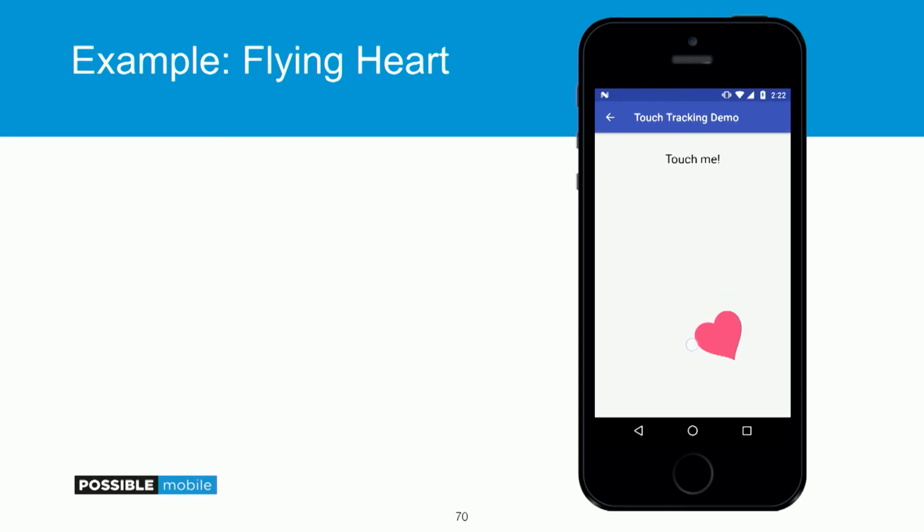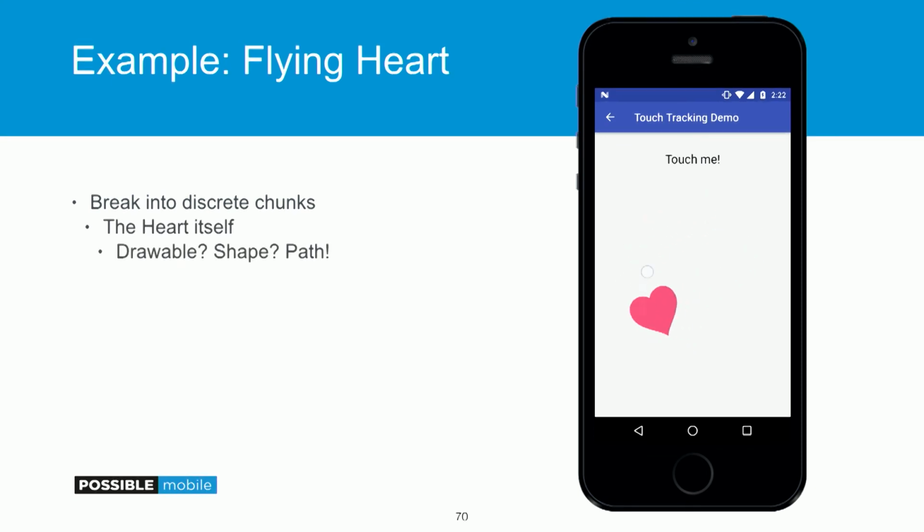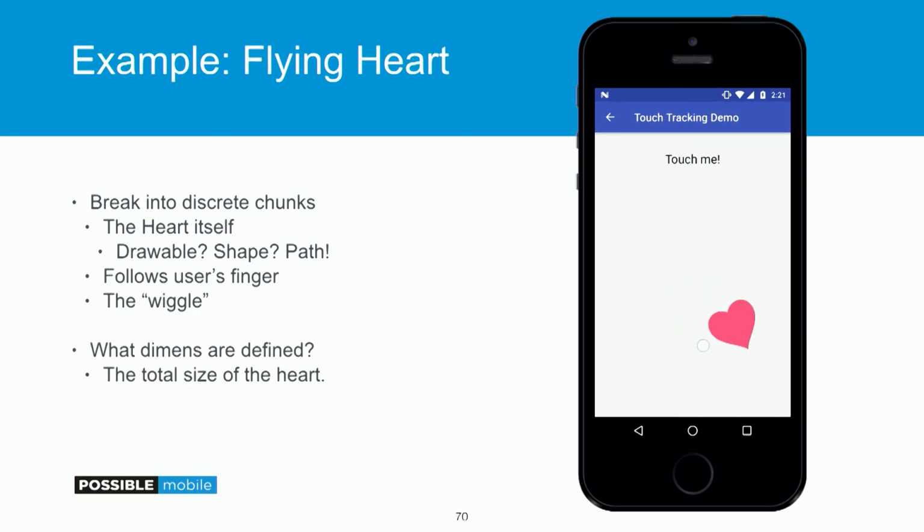And then that wiggle is done by a value animator similar to the way that we animated those bars in. In this case, we're just going to animate from -30 to 30. So we're going to bounce through all this, do those same steps. It's really important. Break it into chunks, figure out each individual component that you would need to draw, and then figure out what you actually need to define. In this case, the size of the heart and the way that we're going to animate it.